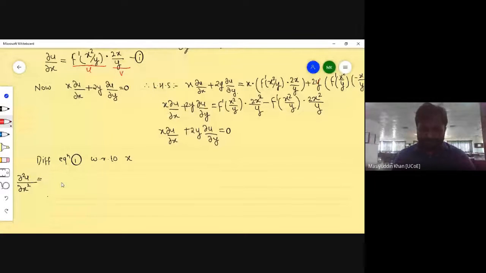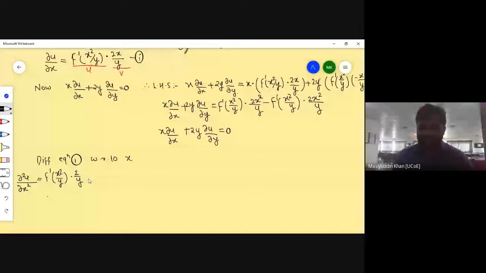So f dash of x square by y into derivative of second. So derivative of second will be what? With respect to x, you will get 2 by y. Second as it is, 2x by y, into derivative of first.